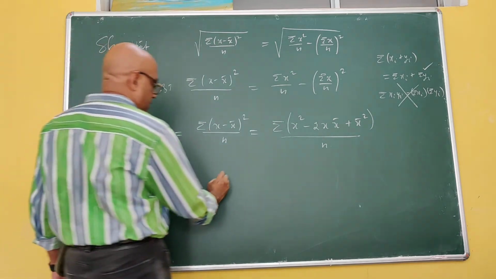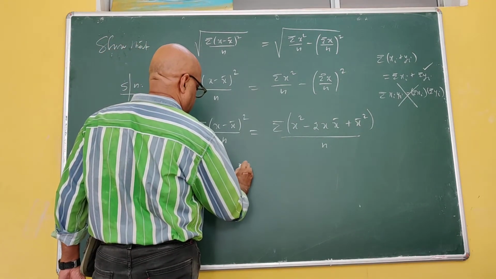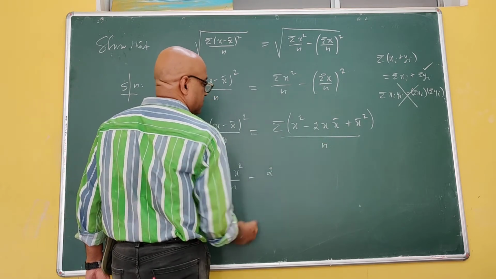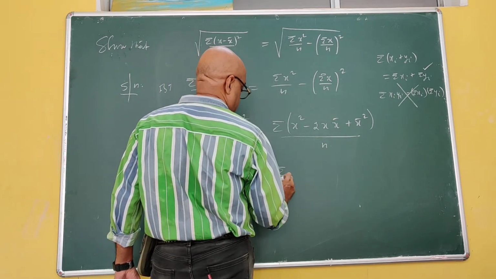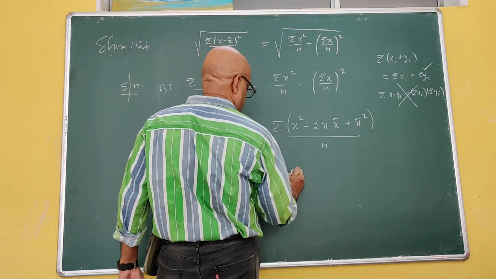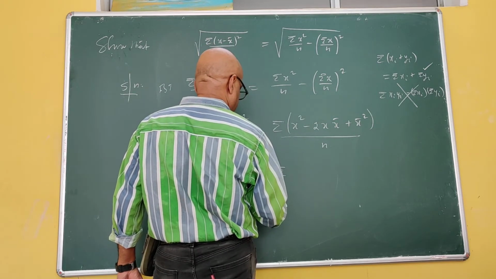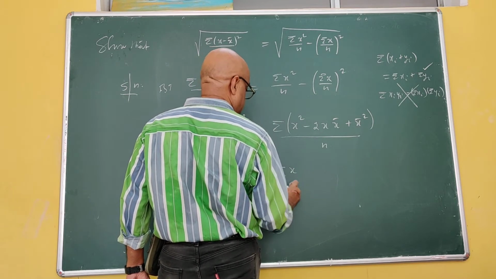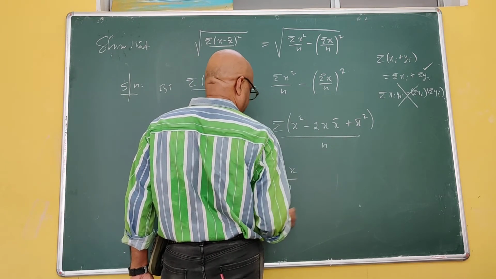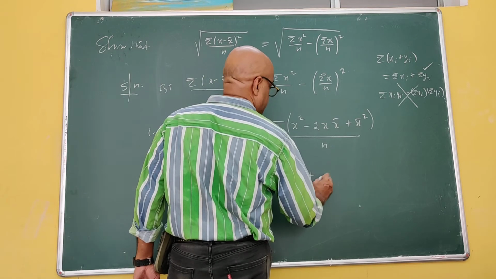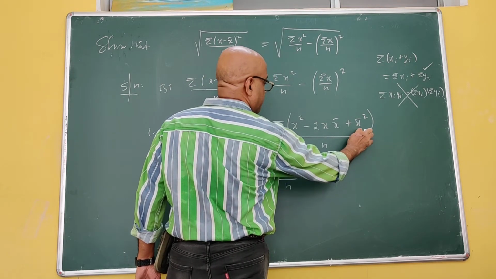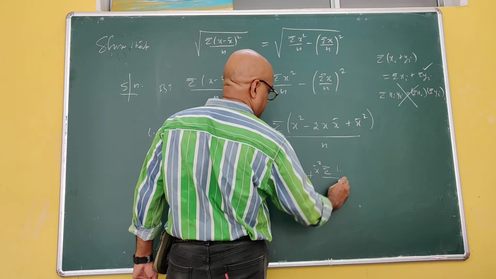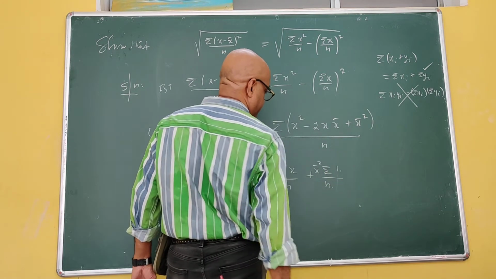So I can write this as summation x square divided by n minus 2 times x bar, which can be brought out, times summation x divided by n. A constant can be brought out. Likewise x bar square can be brought out, and what remains is 1 divided by n.